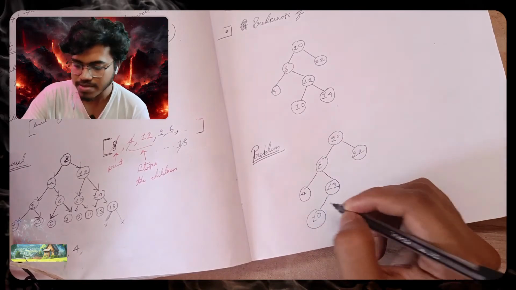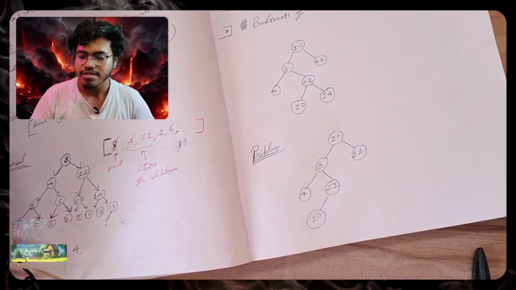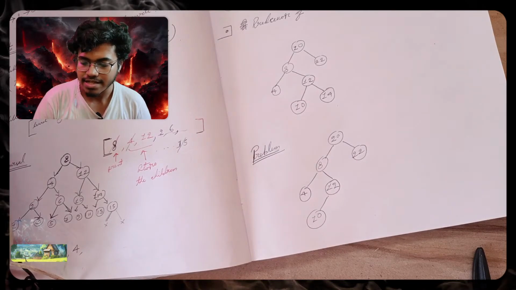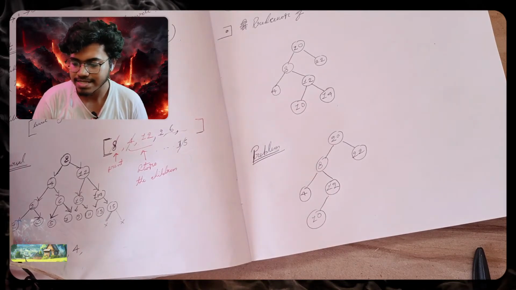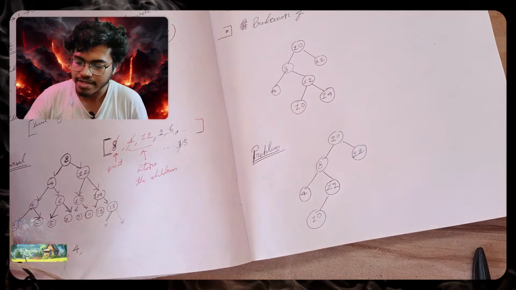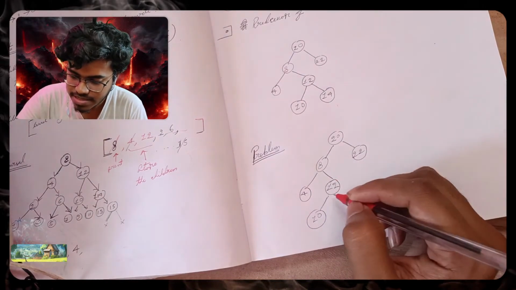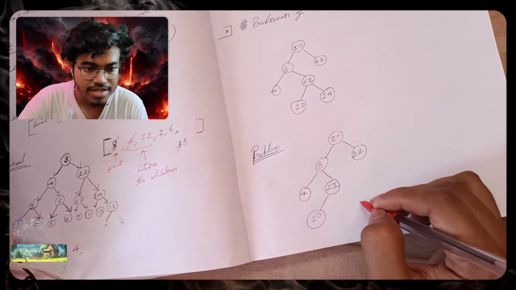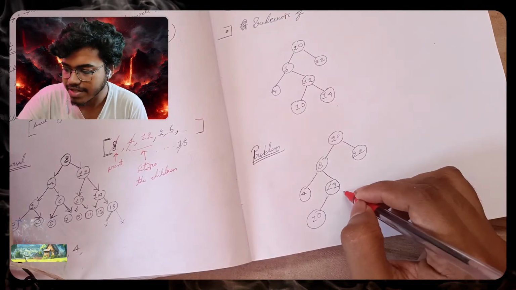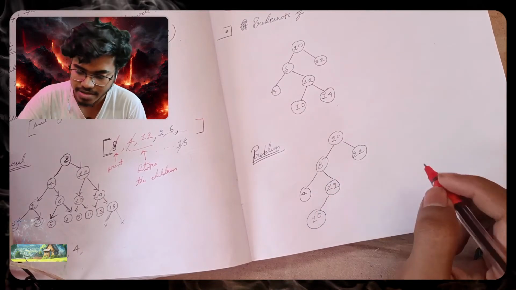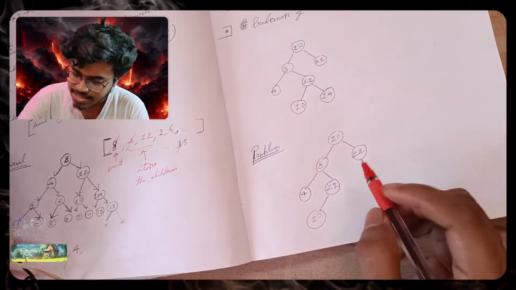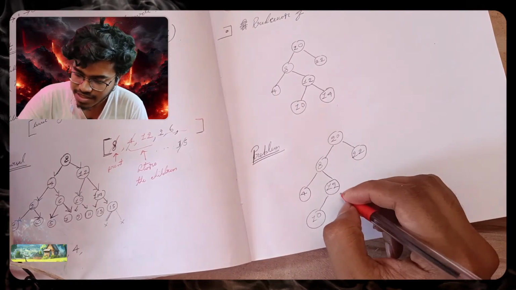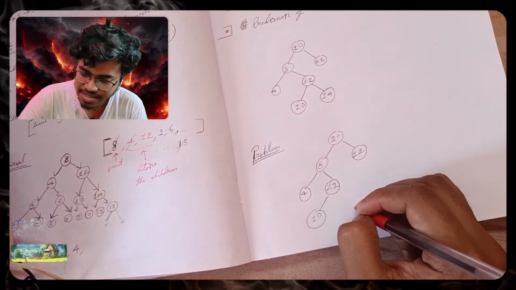So the first logic I applied is to find the node itself, and then find the right value of this node. But the problem was that this 12 does not have anything on its right, it does not have any right subtree.